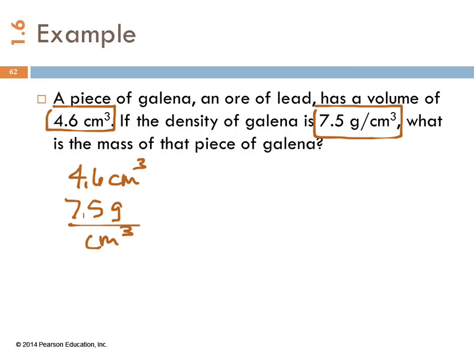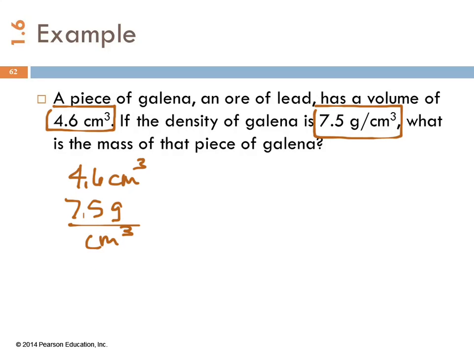You don't have to get out the equation editor or do funky things with your spaces. But when you write it with your own little hand, make it a vertical fraction. It is a fraction. Make it look like a fraction. Okay? So 7.5 grams over cubic centimeters.